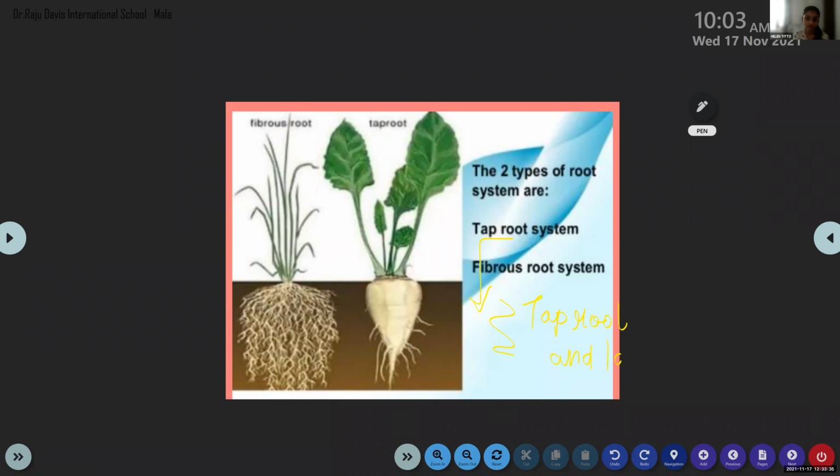That's enough. We don't have to learn more detail; you will be studying that in higher classes. Continuation of this will be there. Taproot and lateral root, and fibrous root comes under the fibrous root system.